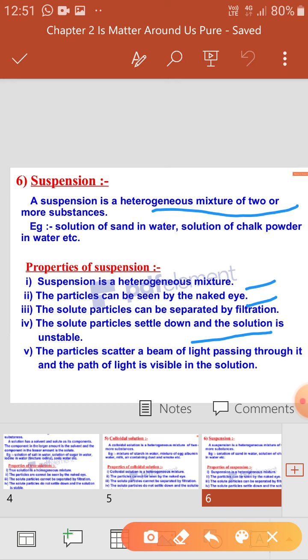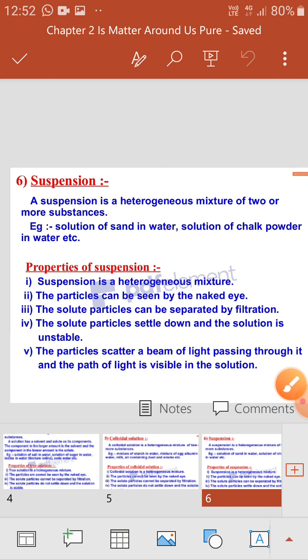At the end of the activity, we let the mixture stay undisturbed and observed what happens after some time. In a suspension, the solute particles settle down, and the particles scatter the beam of light passing through it. In a true solution we saw that they do not scatter the beam of light, but in a suspension it scatters the beam of light that passes through it. So that is known as a suspension.